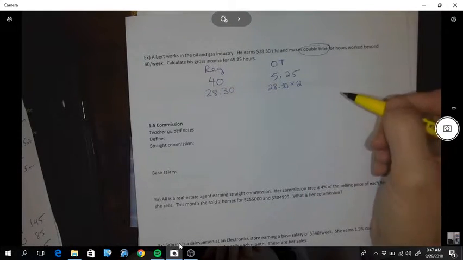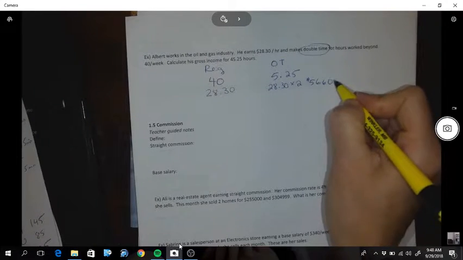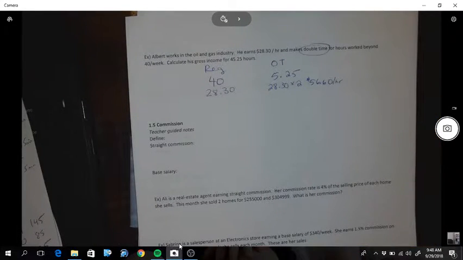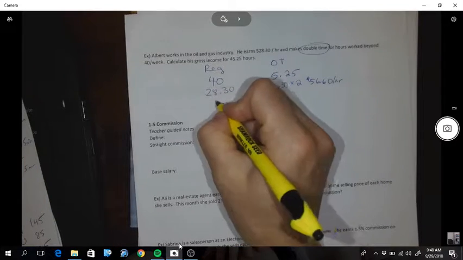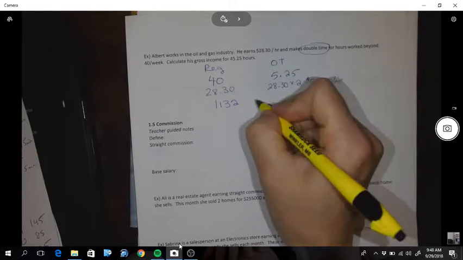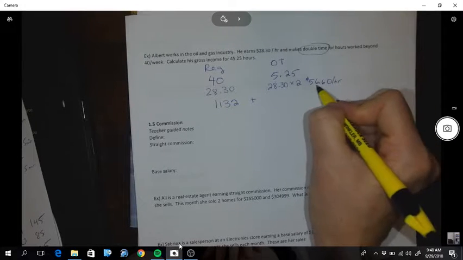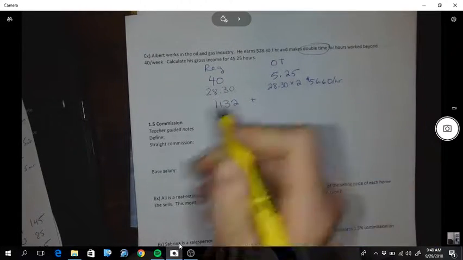So this is kind of neat to think about. When he's working overtime, he's actually making $56.60 per hour. Okay, so let's do some multiplication here. So 40 times 28.30. In the regular time frame, we're making that much money, $1,132. And then in the overtime, we're going 5.25 hours times 56.60.